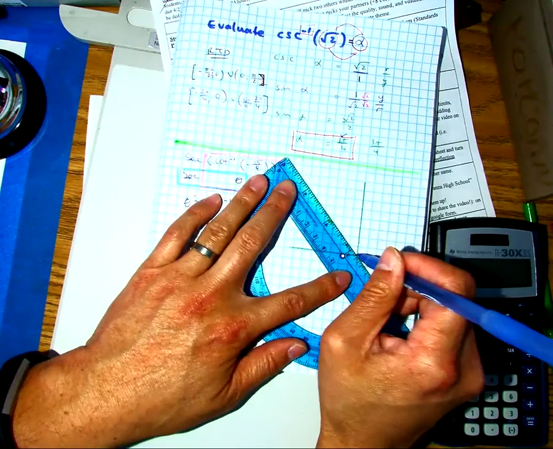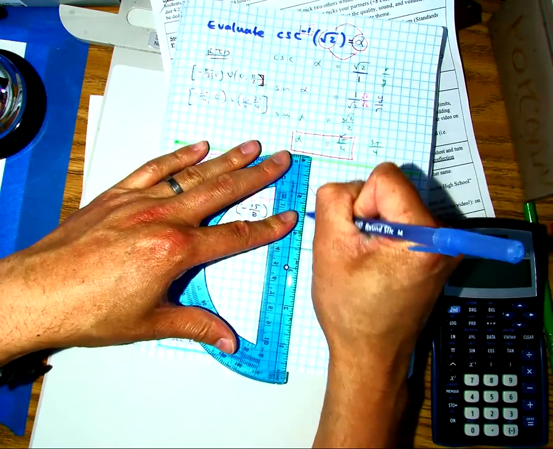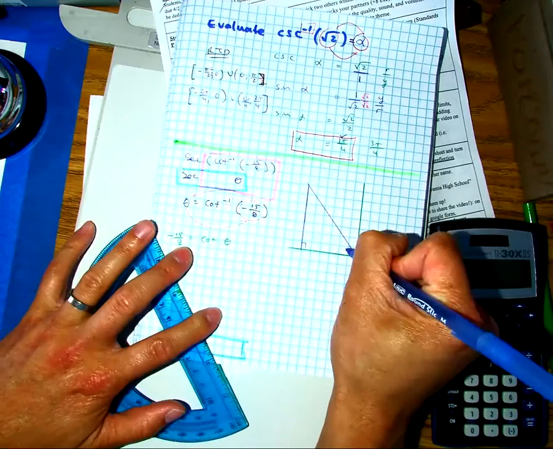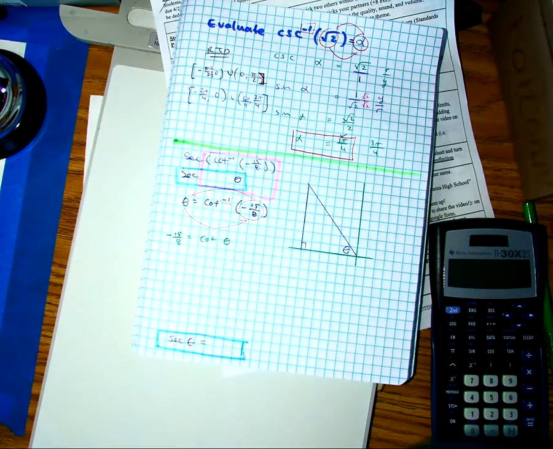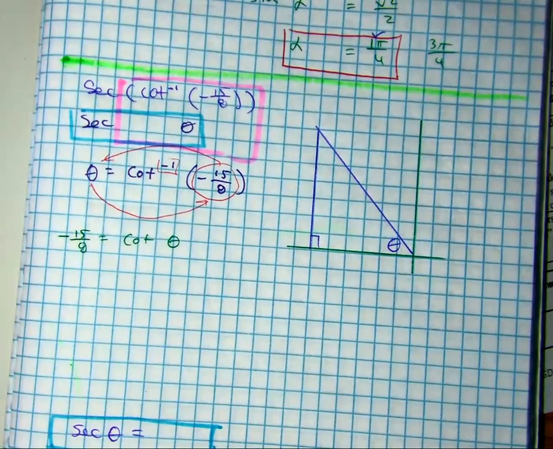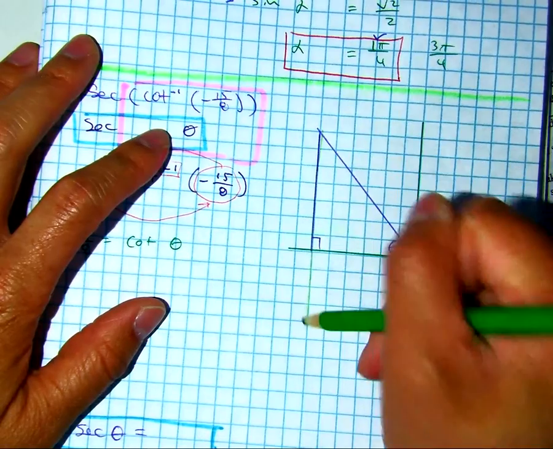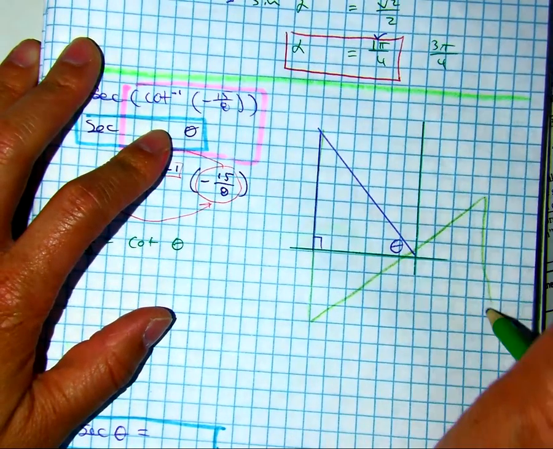Don't forget your bow tie. Here's theta, the reference angle. Remember what your bow tie looked like. Something like that. You guys remember that?